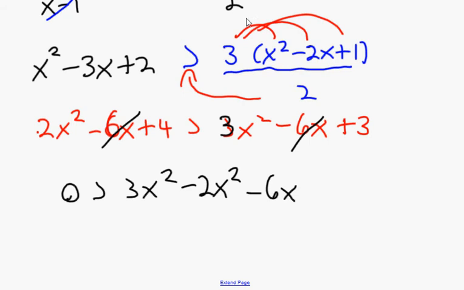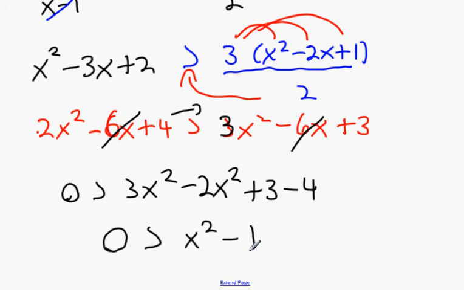They do. It's minus 6x on both sides, so they do cancel. Bring out a 4, and it becomes plus 3 minus 4. Now I have 0 is greater than x squared minus 1.